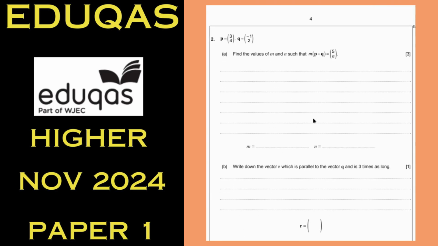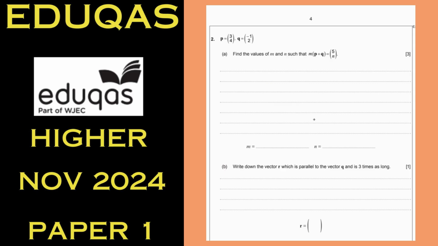On we go. When you've got to work with vectors, if you're adding, subtracting or whatever, you can just add the top elements, add the bottom elements. If you've got a number in front of a vector like that, you can just treat it as if it's brackets 3 times the top and 3 times the bottom.